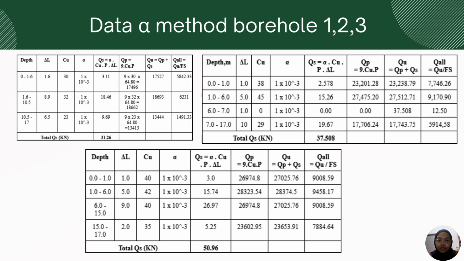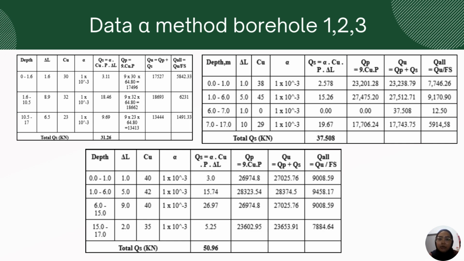For the first borehole 1, the depth is from 0 to 1.6, 1.6 to 10.5, 10.5 to 17, which for total L we got 1.6, 8.9, 6.5, with Cu of 30, 32 and 33. For A rated we take 1 times 10 cube.